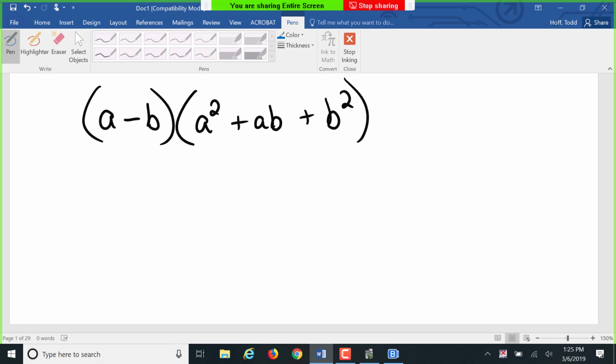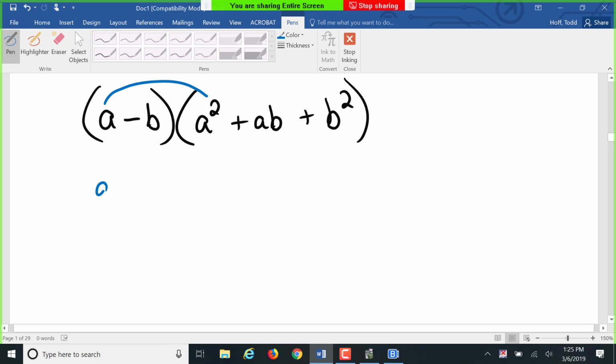So we start out, we've got a times a squared, which is a to the third. A times ab, which gives us a squared b. A times b squared gives us ab squared. Good. Now we move to the next term.